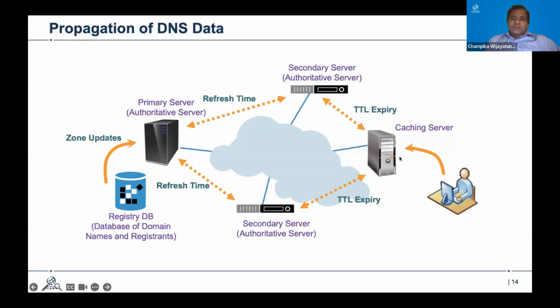My ISP is providing me a caching name server. Then my query goes to that caching name server, the recursive resolver that my ISP operates. So now my ISP tries to get to any of these authoritative name servers.